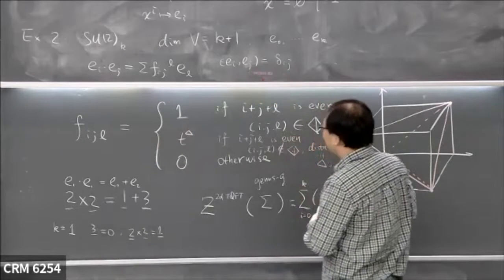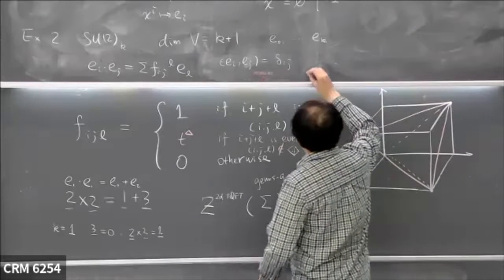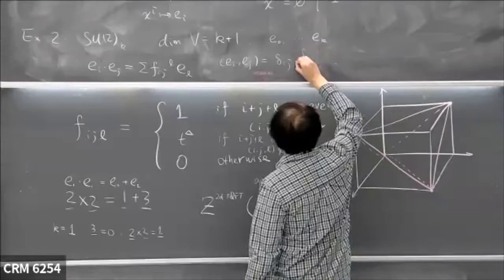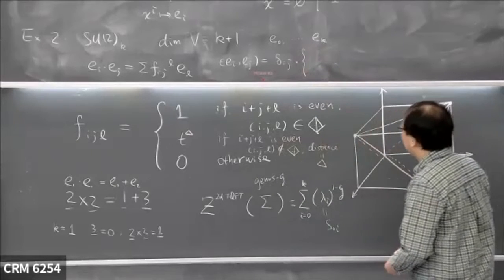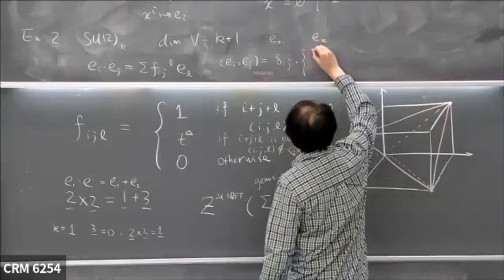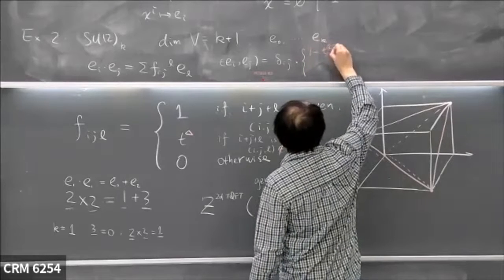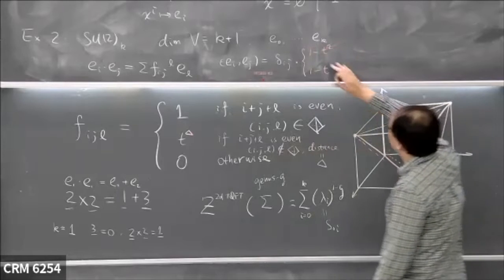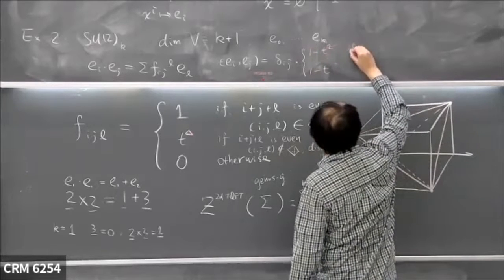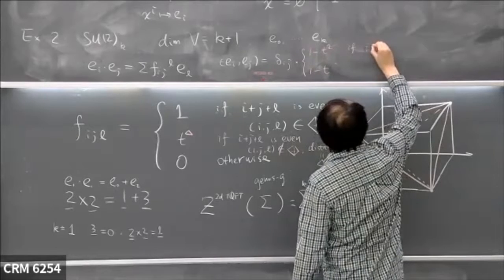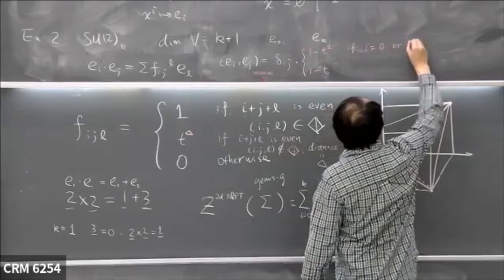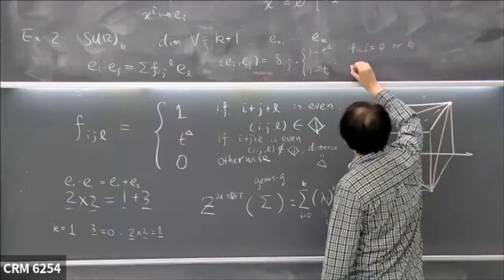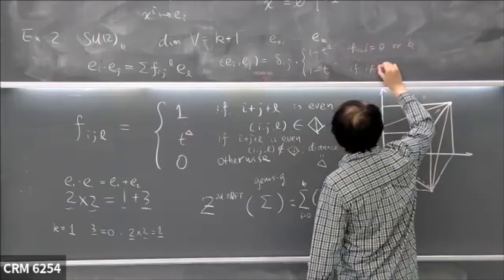And then the inner product now is also deformed. It's still proportional to delta ij, but then there is a coefficient that has t dependence. It's either 1 minus t squared or 1 minus t. It's 1 minus t squared if i is either 0 or k, and it's 1 minus t if i is not 0 or k.